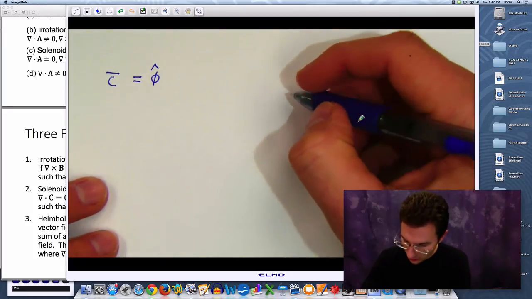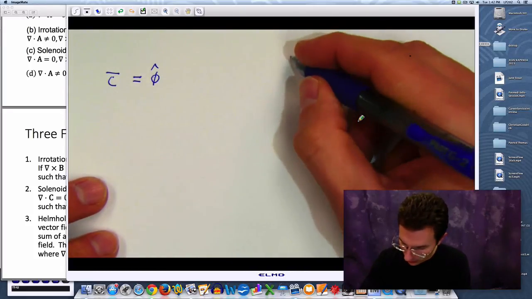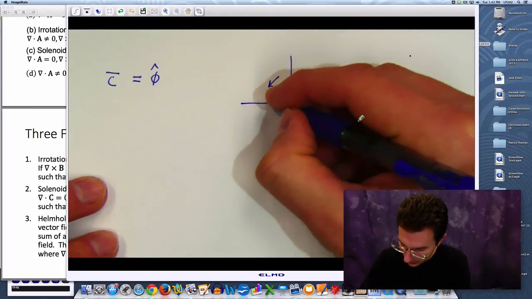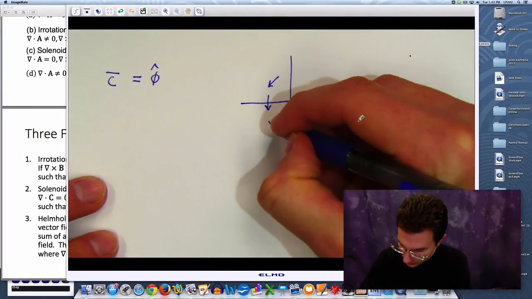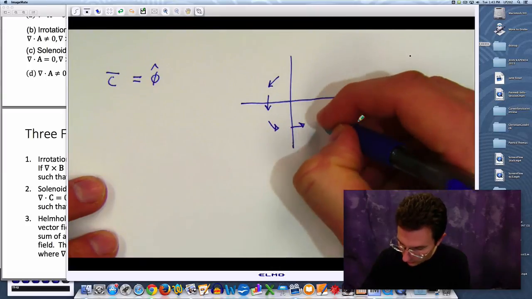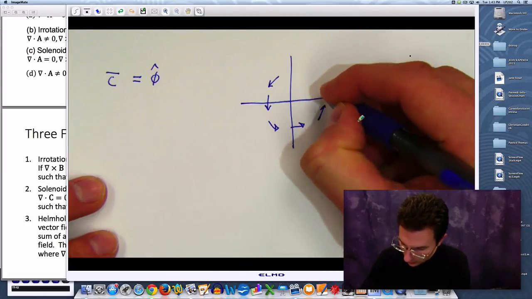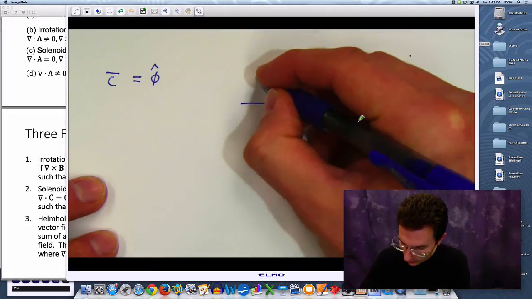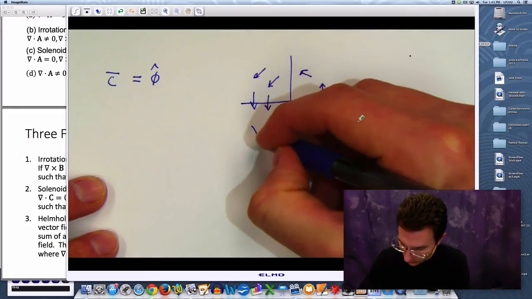Okay. So this field would look something like this. Now, again, the magnitude doesn't change, but it always is pointing in the phi direction, no matter where you happen to be in space. So this is kind of what C would look like.